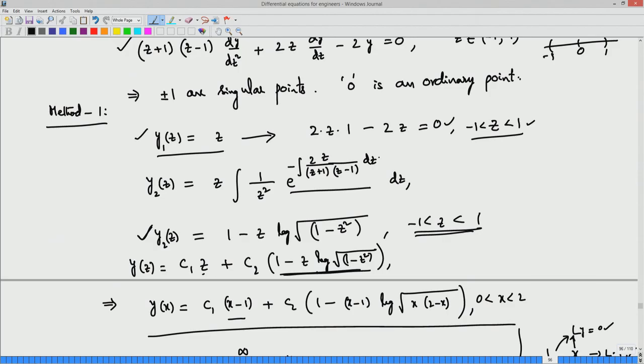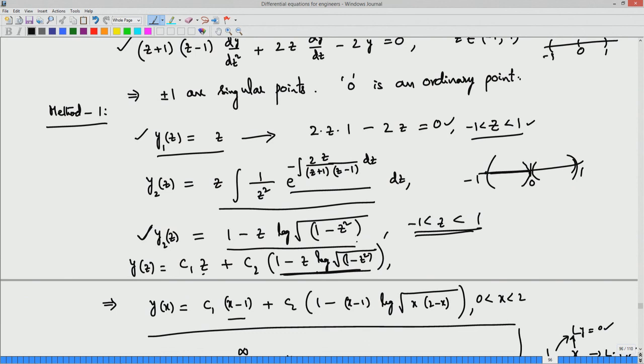If you do this, this is what you get, because you are dividing by 1 by z square. You are not assuming that 0 is not part of your domain, which is what I explained earlier, minus 1 to 1. So, between minus 1 and 0, you calculate this expression, and that is what I get. Also between 0 and 1, you calculate the same expression, and again you get the same.